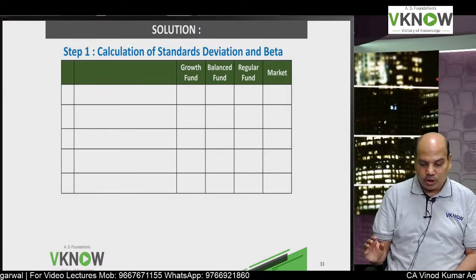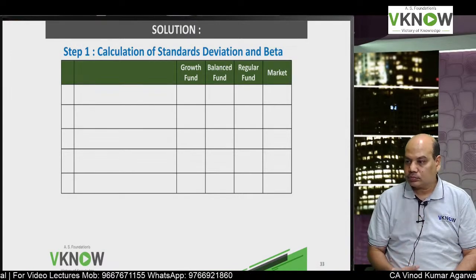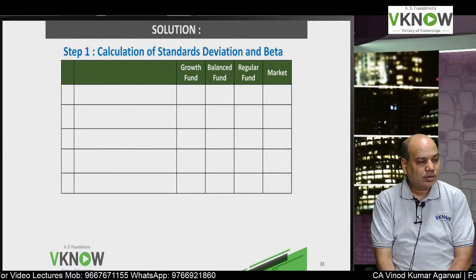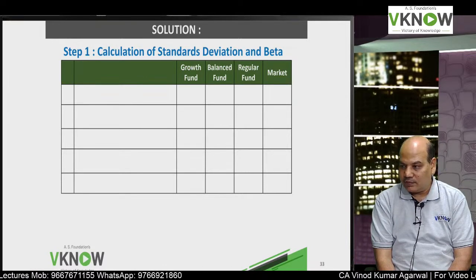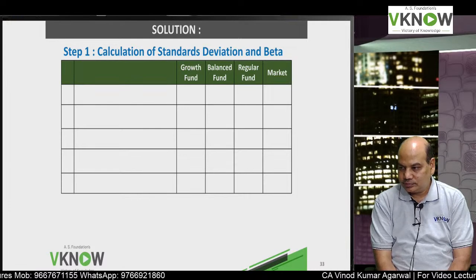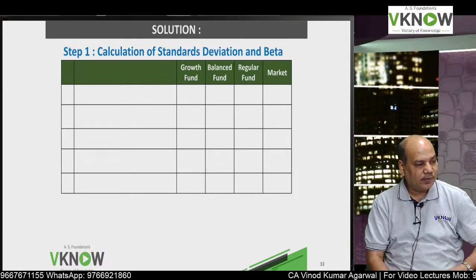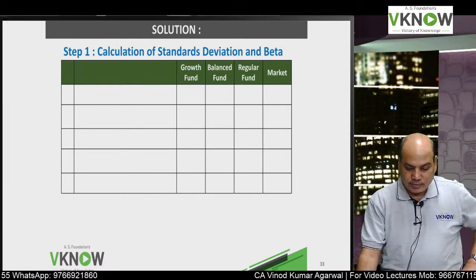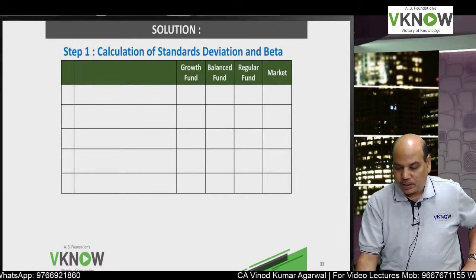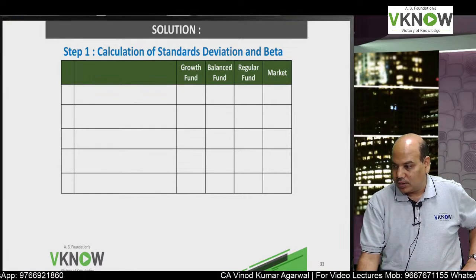Very easy question, only use of formula. Start. Calculation of standard deviation and beta. Right hand side 4 columns. Please write down growth fund, balance fund, regular fund and market.